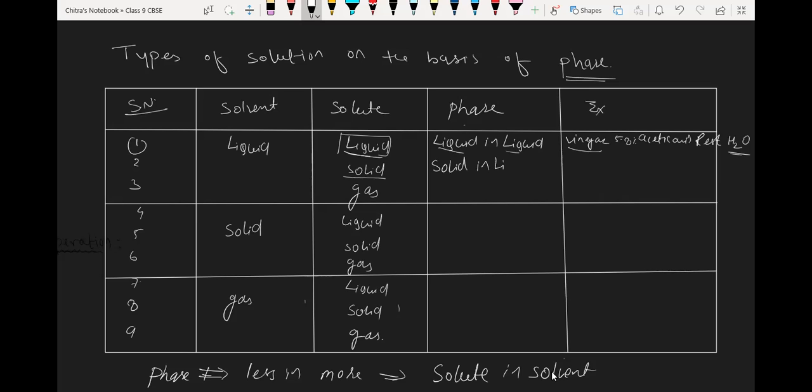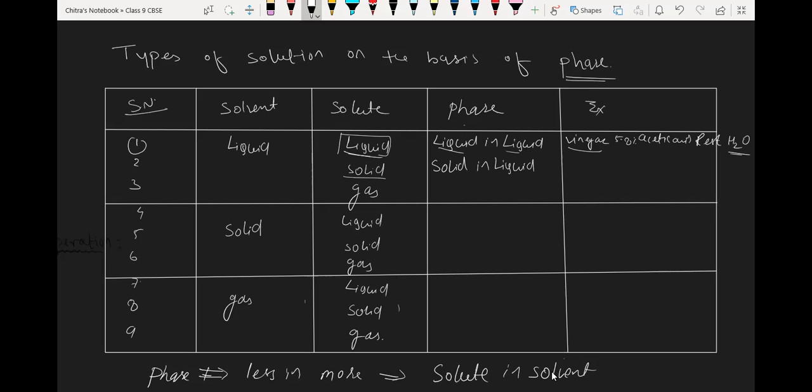Sir, what is the difference between the phase being same and different, and what is the difference between the solute and solvent phase? I'm not getting your question. No, that phase is different.